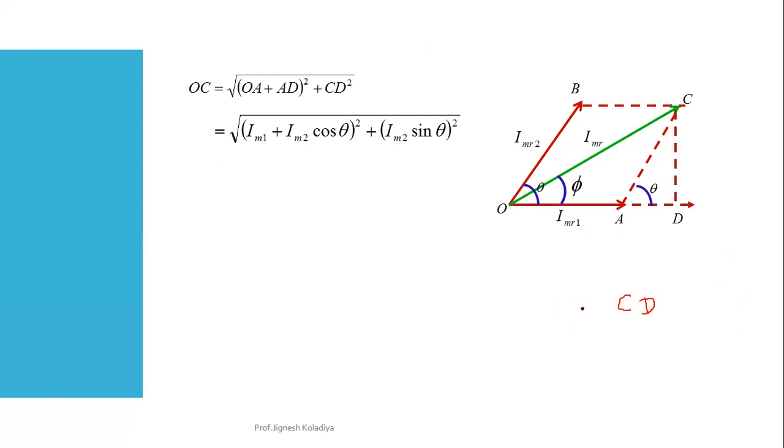Sine theta is equal to CD upon hypotenuse AC. Again it is IM2, so IM2 into sine theta will be CD. Any doubt up to this? It's simple mathematics.